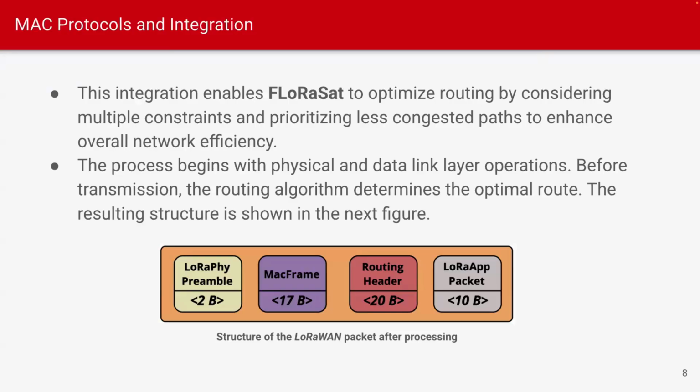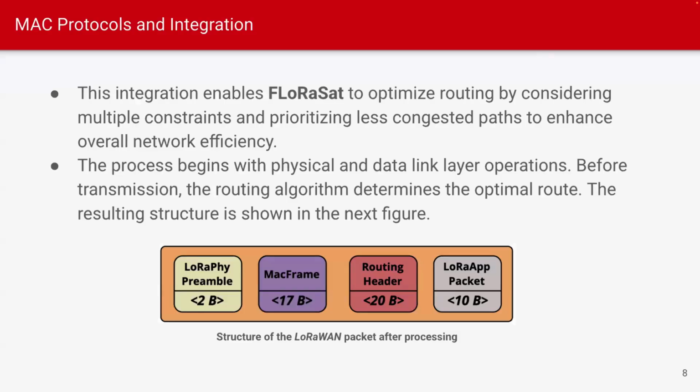The idea of this integration is that it provides FloRaSat the ability to consider several constraints, such as packet loss, congestion, and latency. In this way, FloRaSat can choose the best routing path.